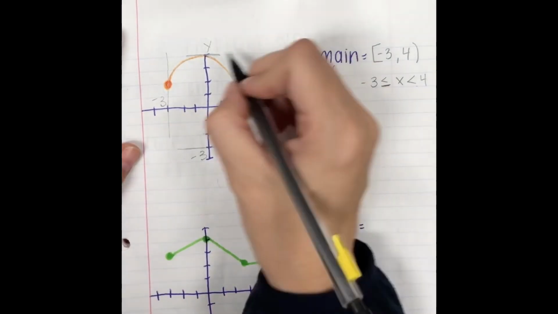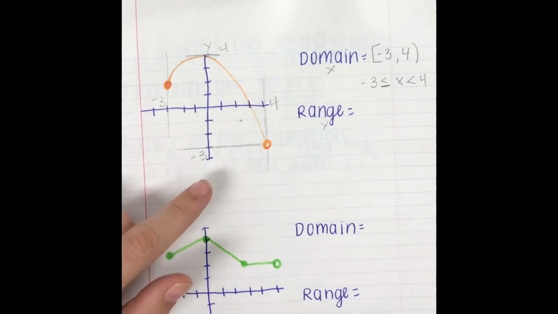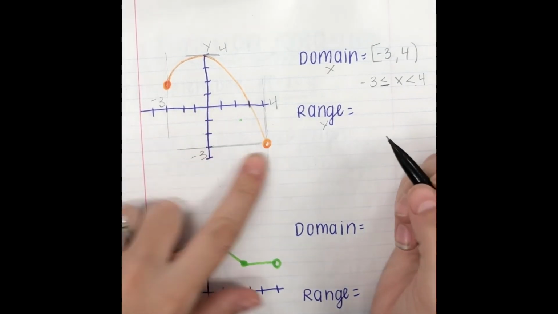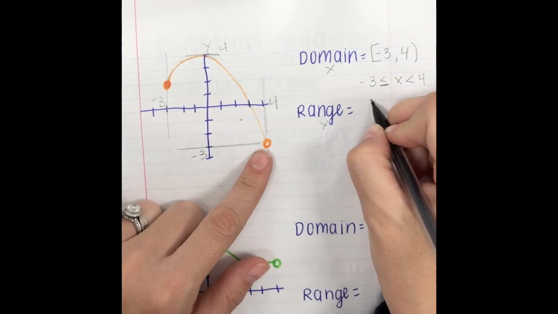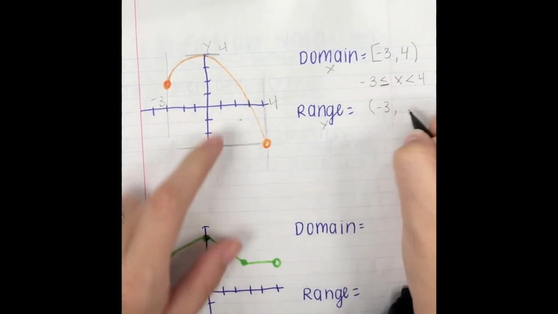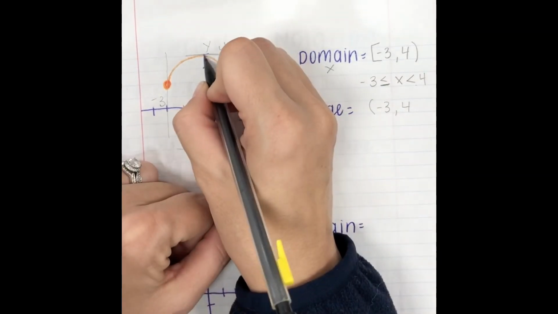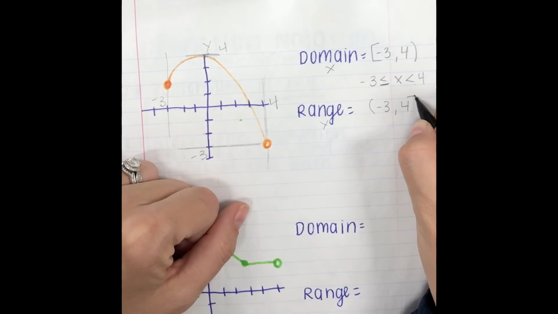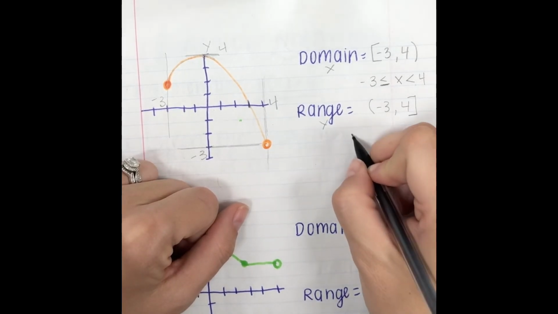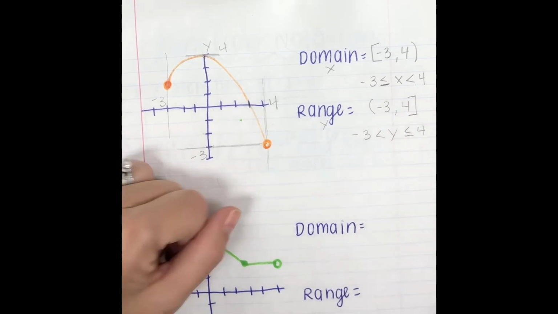So all the way up here at 4. So our domain and our range are actually the same, except -3 has an open circle. So for range, -3 gets a parentheses. And my 4, you don't see an open circle, so it gets a bracket. So our range would be -3 is less than y, which is less than or equal to 4.